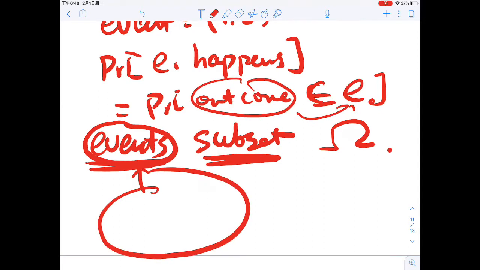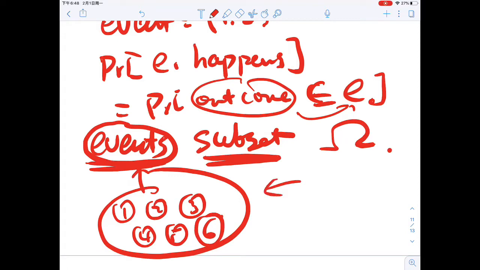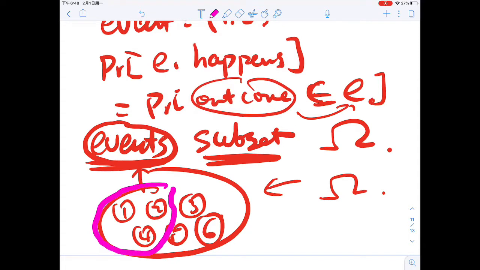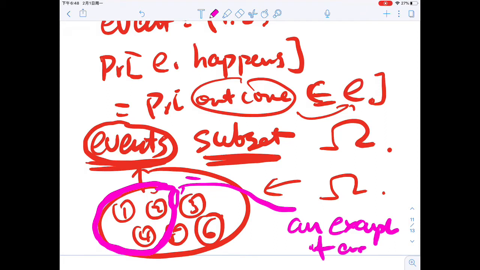So the outcomes are 1, 2, 3, 4, 5, 6, the sample space of the rolling dice example, and the circle I'm highlighting here with the pink lines is an example of an event. Again, event equals subset, subset equals event.